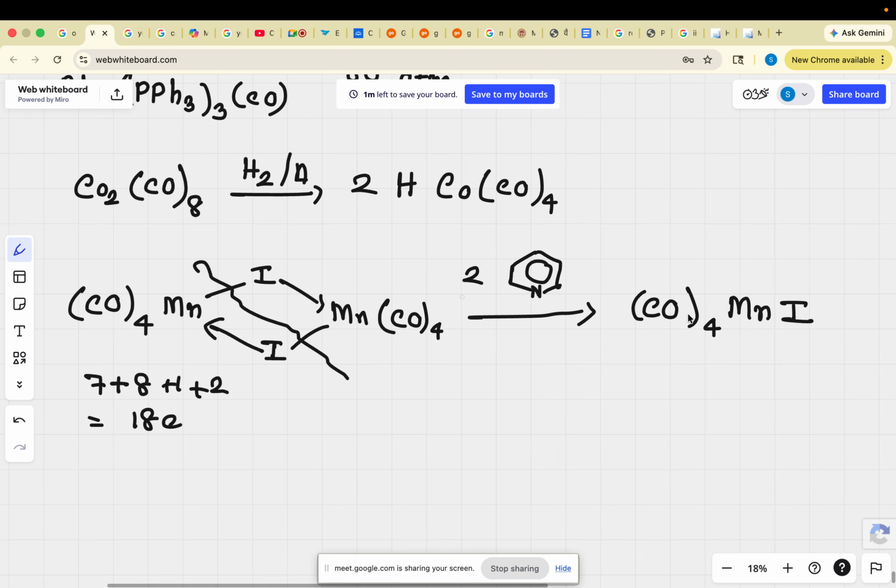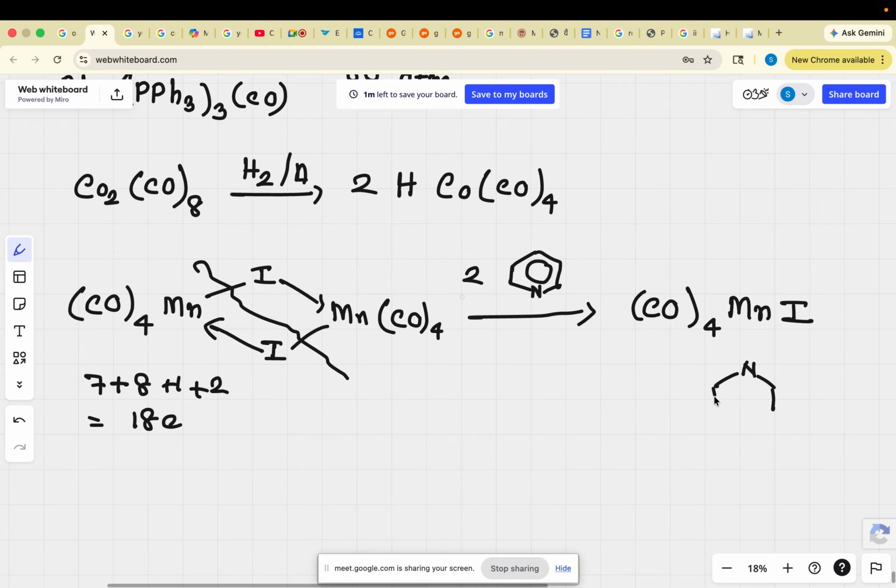So how many electrons do you have? 8 electrons from this carbonyl, 7 electrons from manganese, 8 plus 7 is 15. And one iodine is present here, so 16.